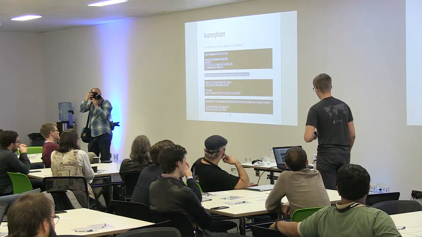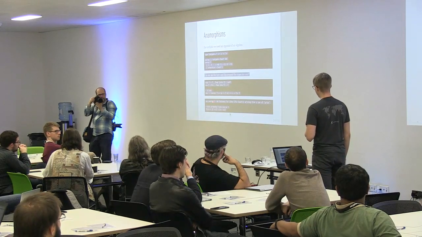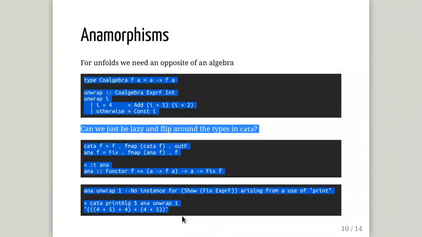So let's try being naive and just taking our catamorphism and just reversing the arrows. So putting f at the beginning, and then instead of taking stuff out of the fixed point, we put it in the fixed point. Will that work? Yes.